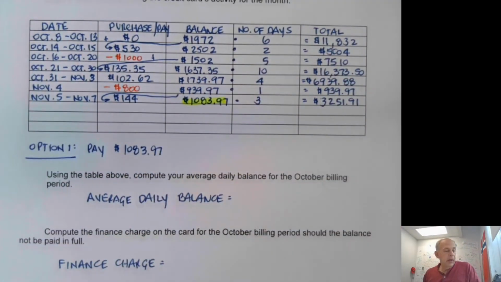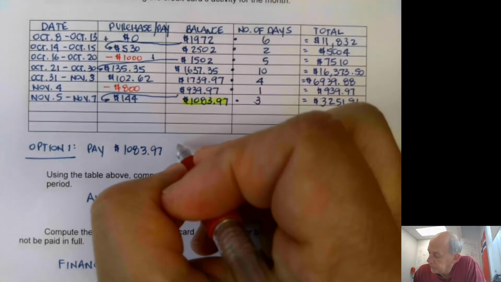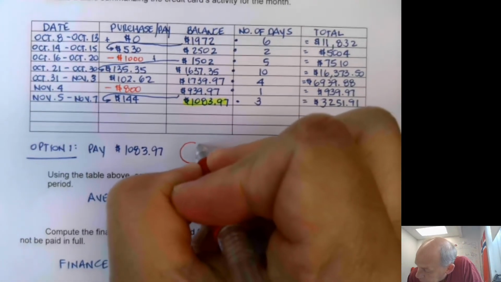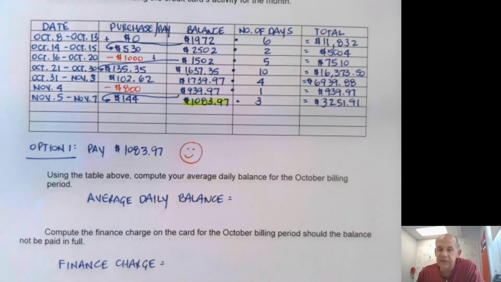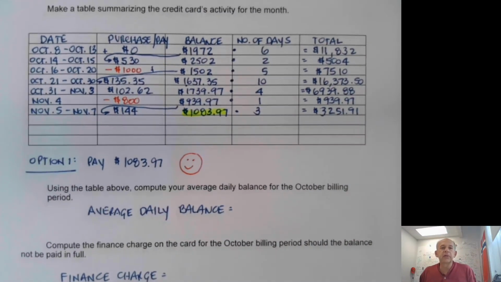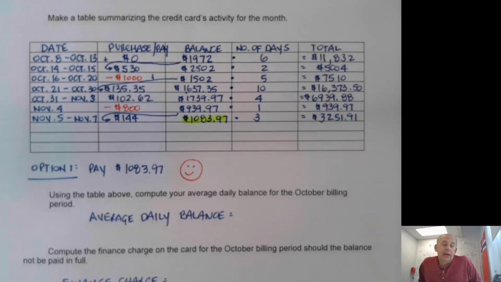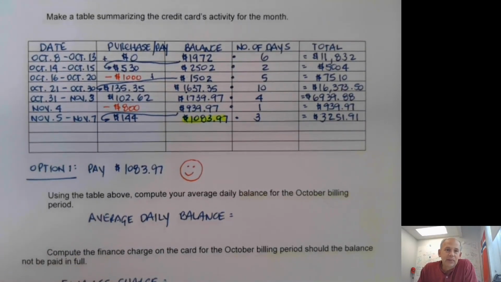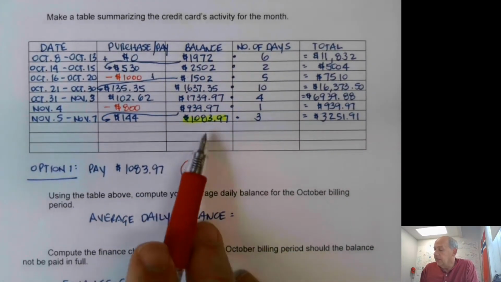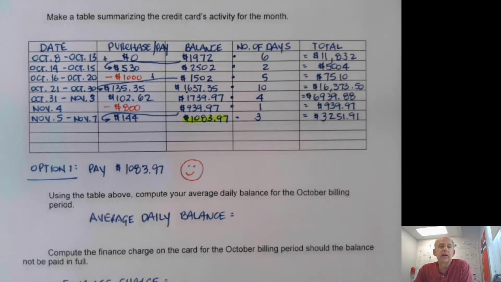At the end of the month, there's how much money we owe. We can pay that off. Our credit card company charges us nothing. There are no penalty fees. That's the smart thing to do. Smart people do that. A lot of people don't, and they get themselves in credit card trouble. But if you pay your monthly balance at the end of the month, credit cards are fantastic.